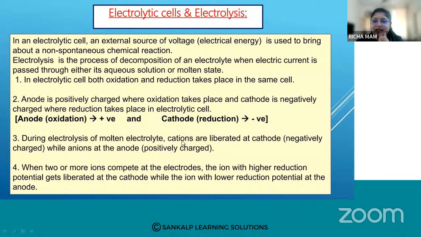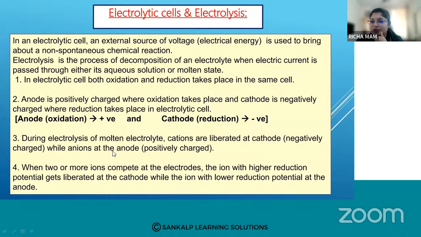The cations move towards the cathode, which is negatively charged, and the anions, which are negatively charged, move towards the anode, which is positively charged. So these are the electrolytic reactions which take place.